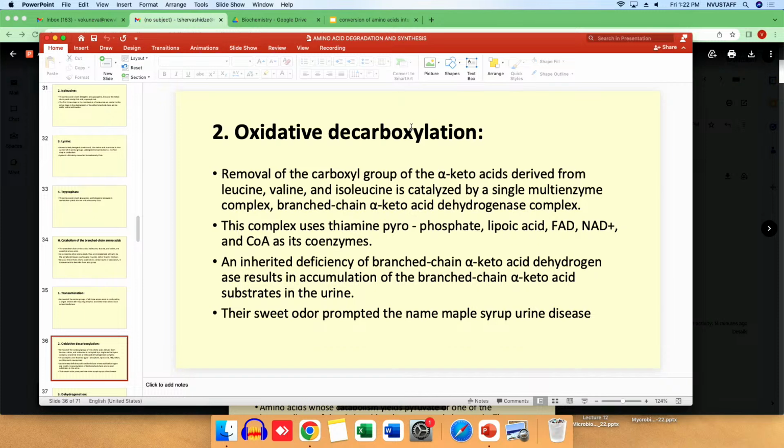In oxidative decarboxylation, this carboxyl group is not transferred to anything, but rather removed, and an alpha keto acid is formed. So leucine, isoleucine, valine after oxidative decarboxylation will give us alpha keto acids. Please try to remember these alpha keto acids that are coming from isoleucine, leucine, valine, so from branched chain amino acids, because it's important.